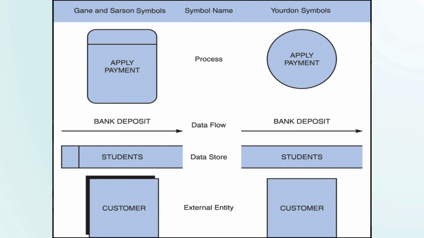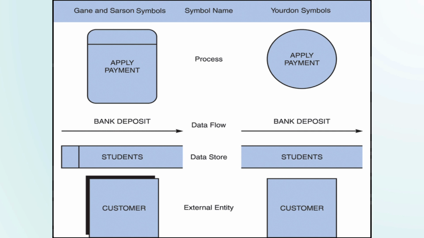The first symbol in both sets is the process symbol. In Gane and Sarson, the process is illustrated by a box, and in Yourdon, it is illustrated by an oval shape.